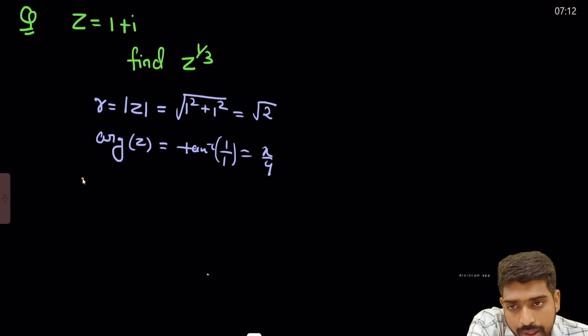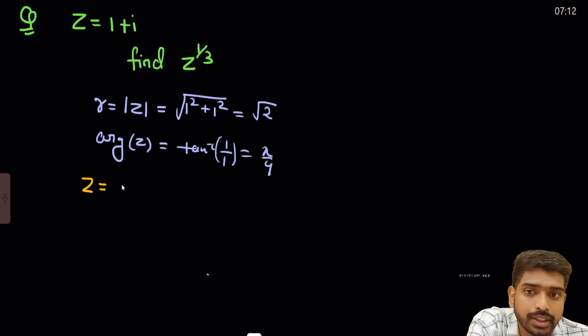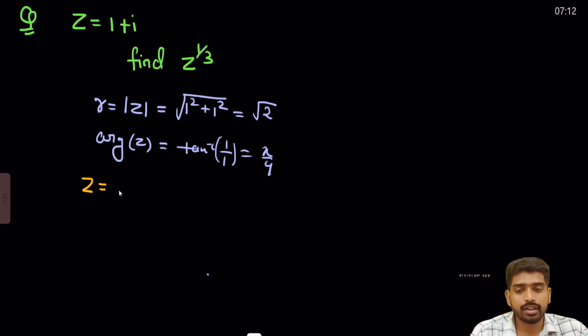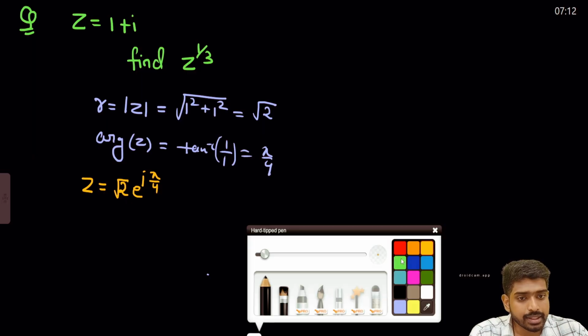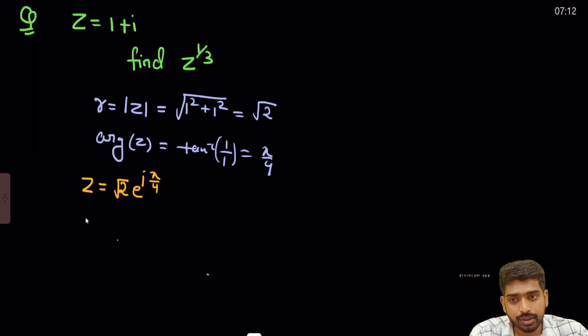Now we'll write this complex number z. Step 1, what was step 1? To write this complex number z in Euler's form. So Euler's form is r e to the power iota theta. So what is the value of r? Value of r is root 2, e to the power iota pi by 4. Got it? Now next they said to find z to the power 1 by 3.